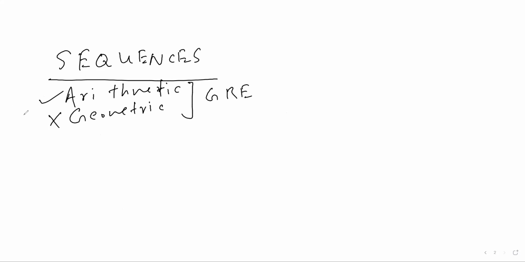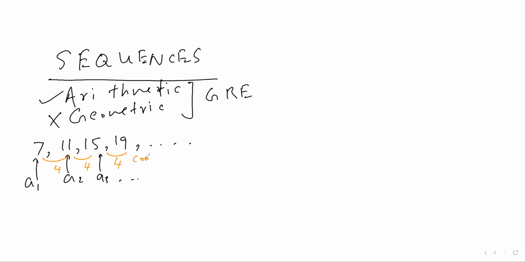Now, if you look at a sequence, for example, 7, 11, 15, 19, and so on, this is a sequence. You have the first term, A1, second term, A2, third term, A3, and so on. What binds this together is that common spacing or common difference: 4, 4, and 4.